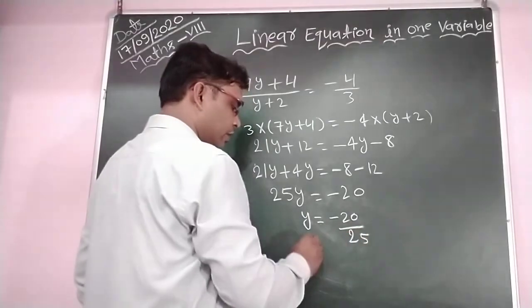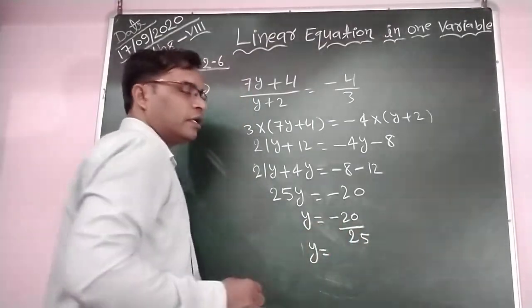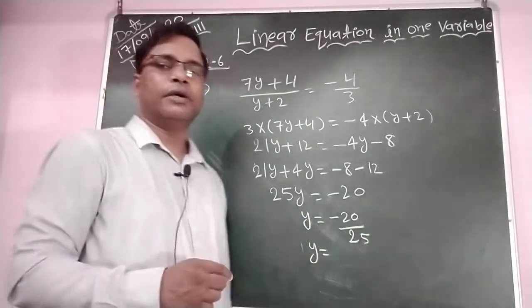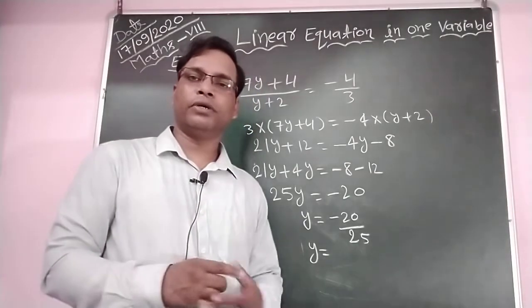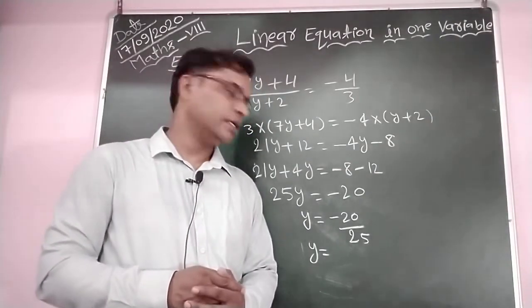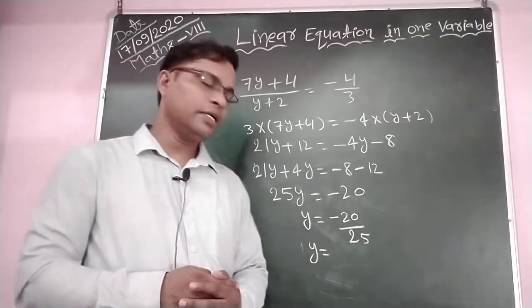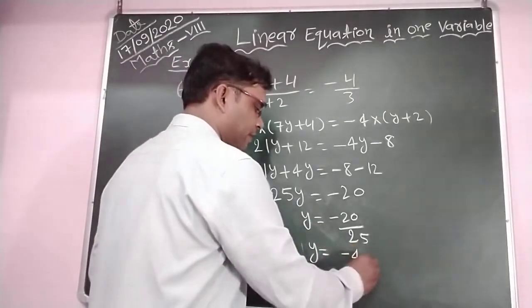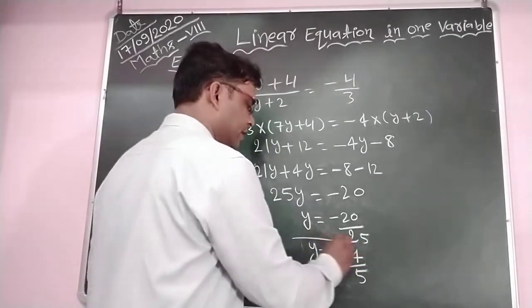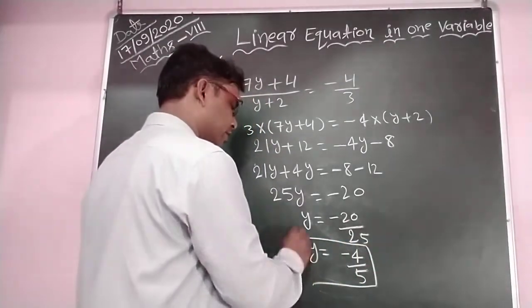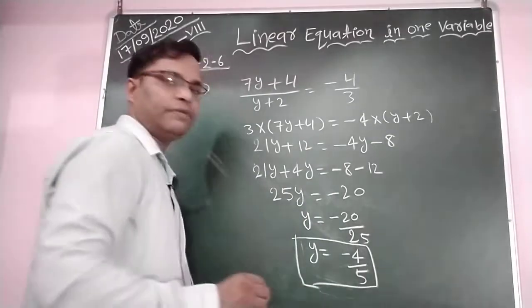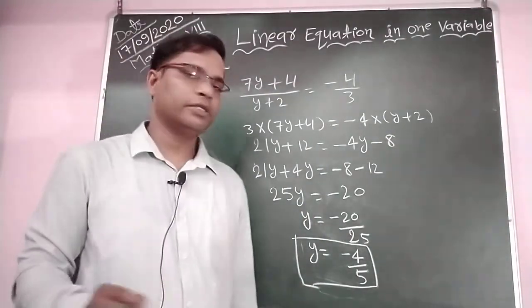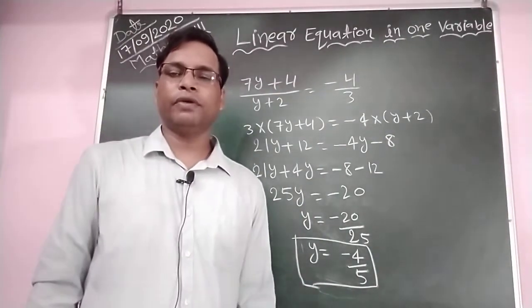You can see in numerator and denominator 5 is common. When you divide numerator and denominator by 5, you obtain minus 4 by 5. So y is equal to minus 4 by 5 is the solution of the given equation. Students, I hope all of you understood this question.